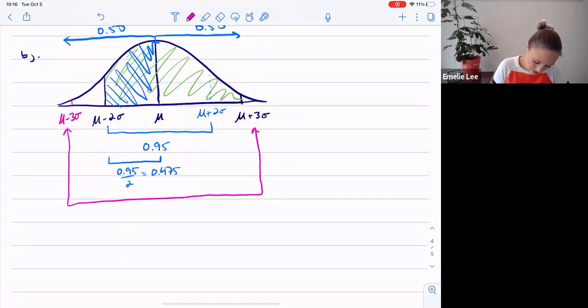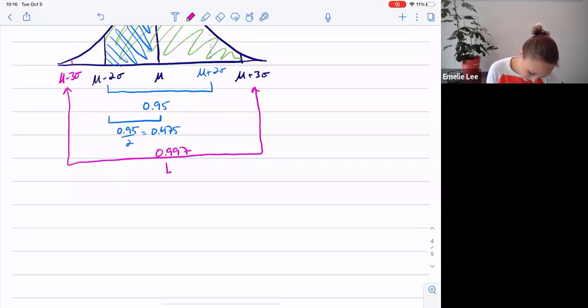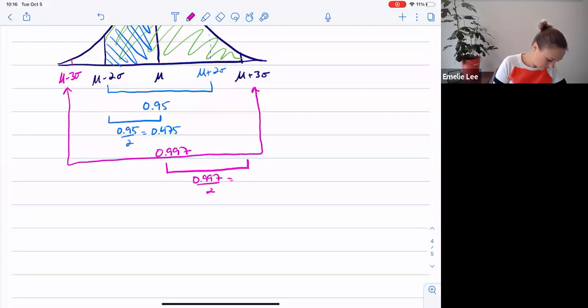I know this area between these two is 0.997 approximately, which means that this area from the mean to mu plus 3 sigma must be 0.997 divided by 2, which I think someone put in the chat a long time ago, but that's okay.